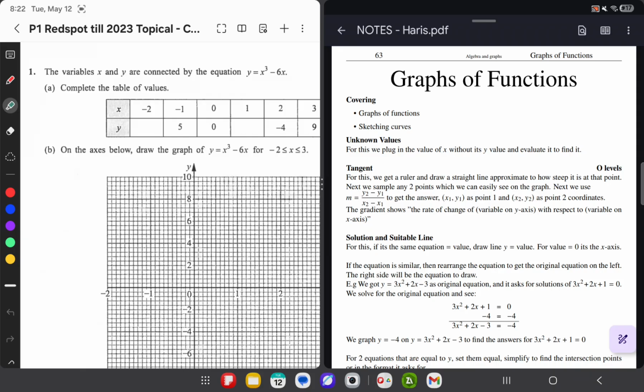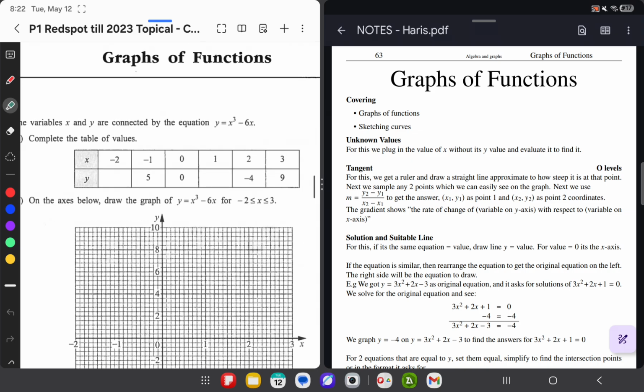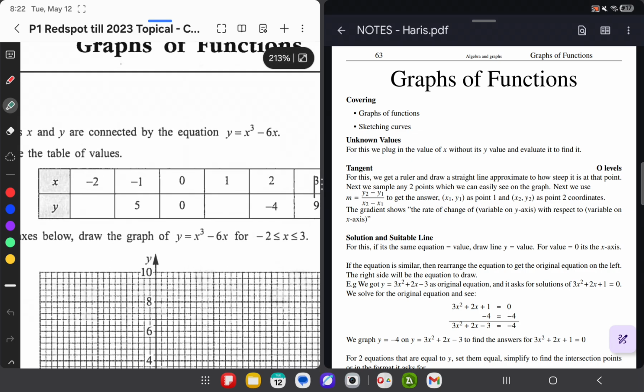I will try to find topicals, but the methods I will tell you for paper 2 apply the same for paper 1. Remember, you are doing the same syllabus in both papers, paper 1 and paper 2. So there's no shortcut where I can skip this. No, get up.